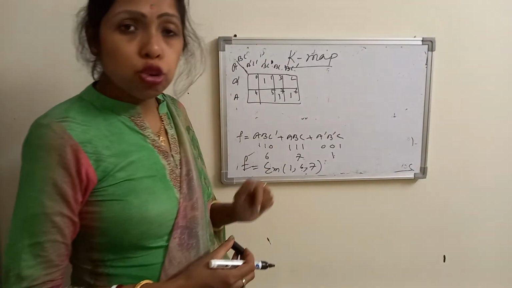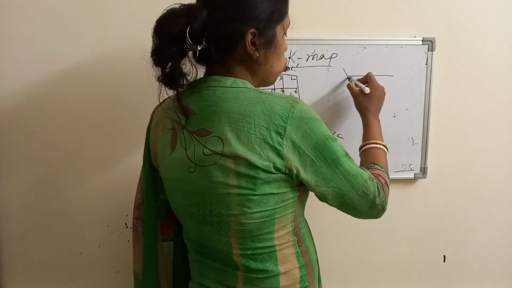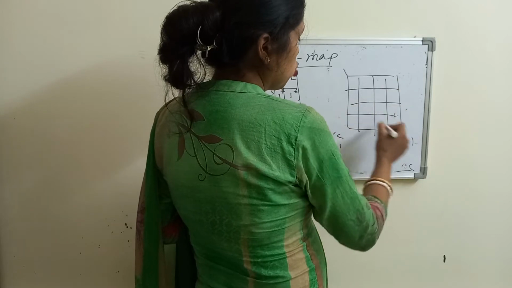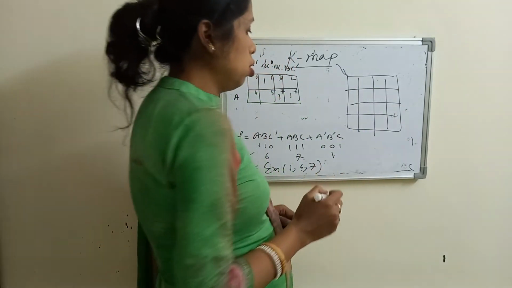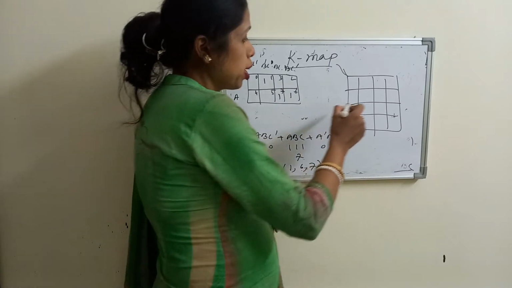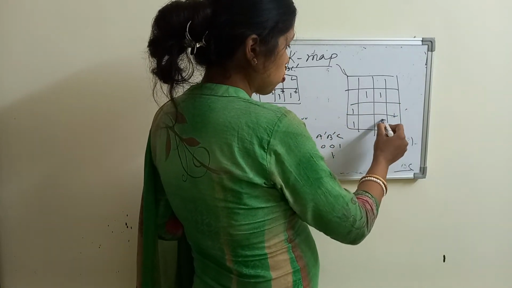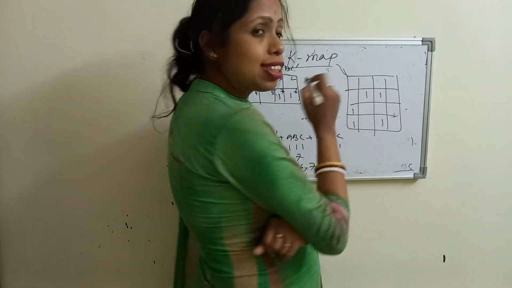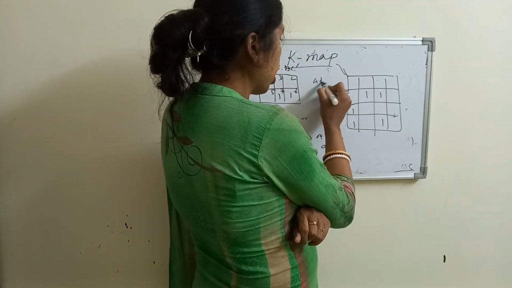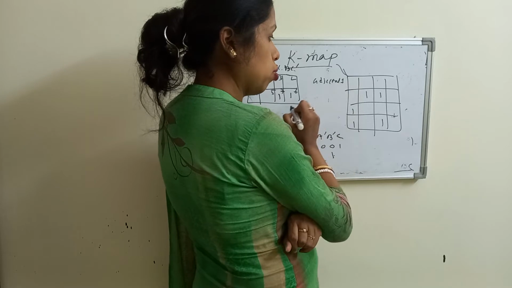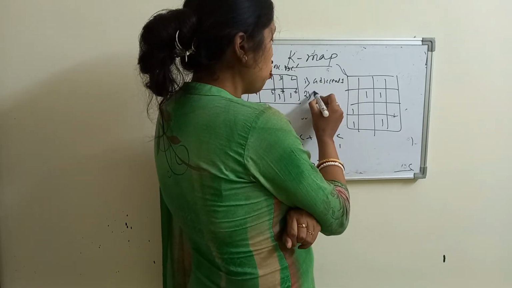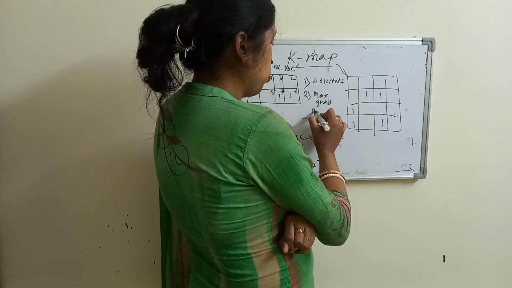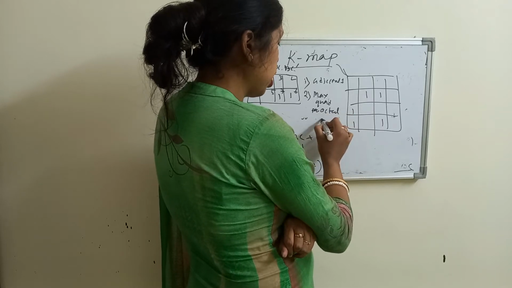After that, I have to do the grouping. Here I am drawing the rules for grouping. First, we can draw a maximum of 4 variables, right? So how can you do the grouping? Suppose you have such kind of outputs. Grouping should be done between adjacent ones. Second, go for the maximum: quad, then octal, then pair.